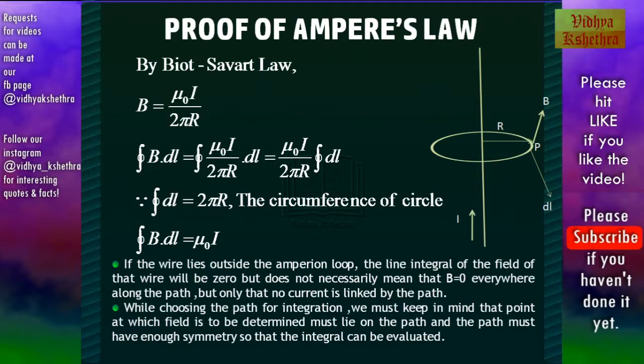While choosing the path for integration, we must keep in mind that the point at which the field is to be determined must lie on the path, and the path must have enough symmetry so that the integral can be evaluated. These points have to be kept in mind while using the Ampere Circuital Law for finding the magnetic field.